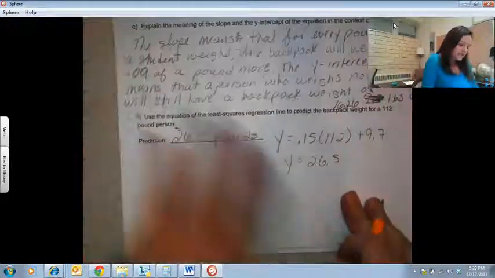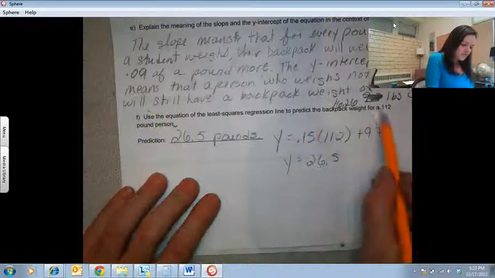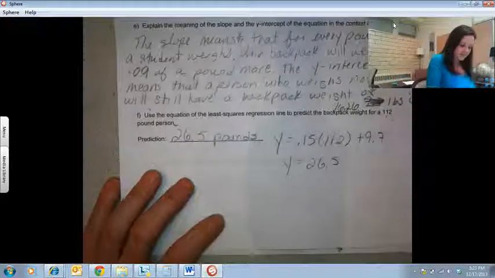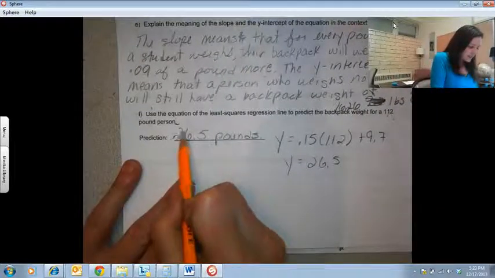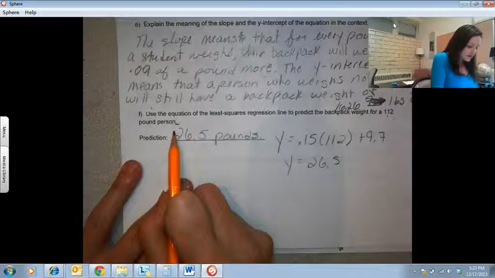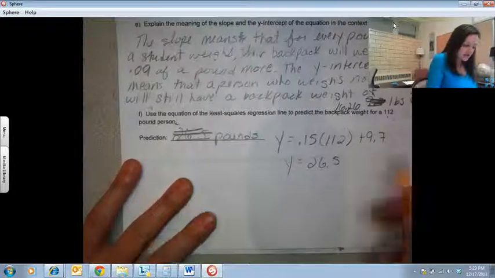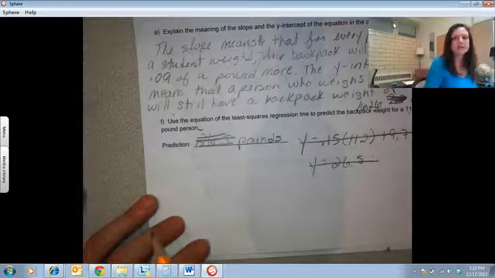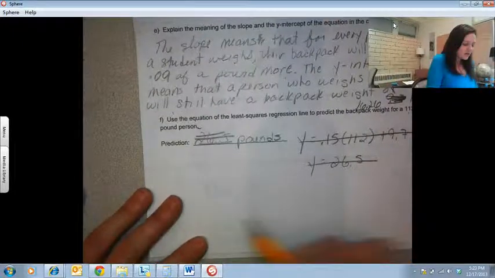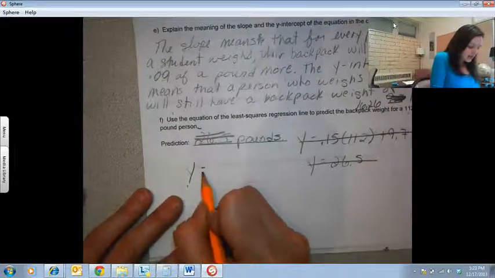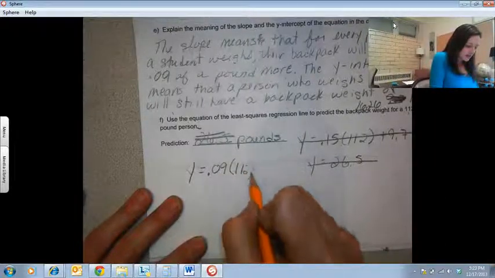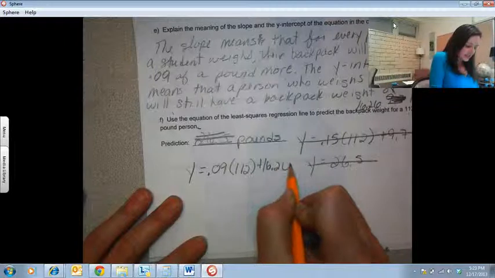Use the least square regression line to predict the backpack weight for a 112-pound person. Okay, well, if that's the case, I'm going to take this off because I calculated it wrong again because my equation was off. So let's redo it. That'll give you a chance to realize how I did it. Y equals 0.09 times 112 plus 16.26.